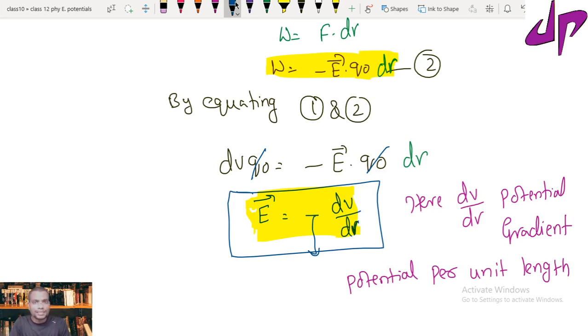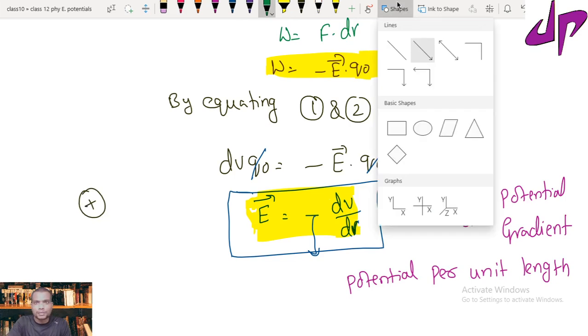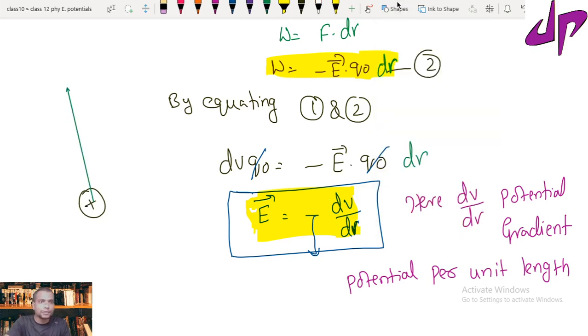So how do you understand that? Now take a positive charge here. Now I draw the electric field lines. This is the electric field line, so that is the electric field line's direction, I know it. Now take two points here, this is point B and this is point A. Now write the potential difference VB minus VA. You will get it as negative.